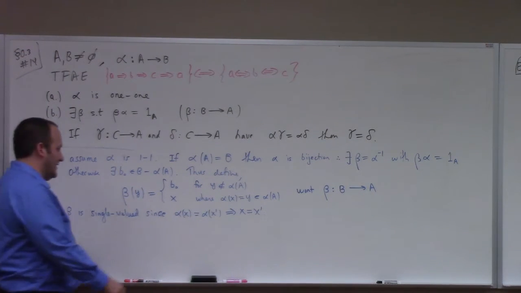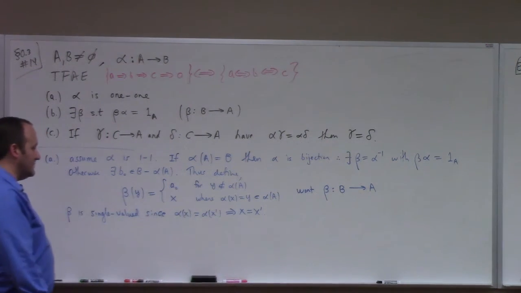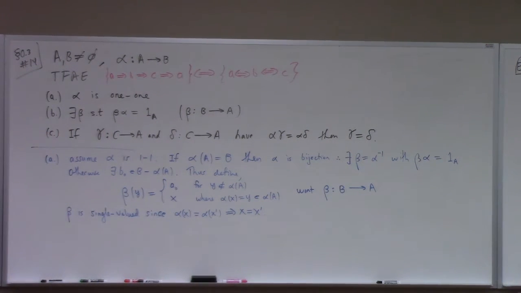What's a naught? Which we know exists because A is given to be non-empty, so there's a point in it. That's why you need non-empty. Well, maybe that's just to keep it from getting too pathological.